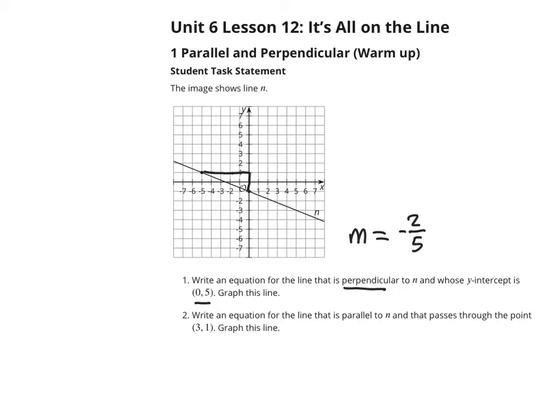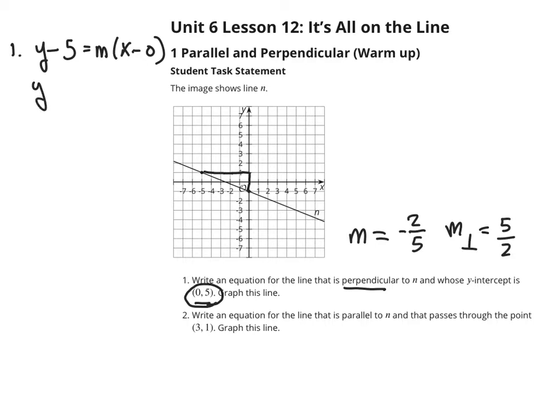So perpendicular slope would be a positive 5 halves. So an equation would be, we can use this y-intercept as our other point. I want y minus the y coordinate is equal to m times x minus the x coordinate.